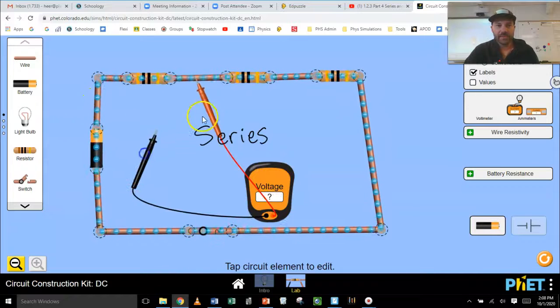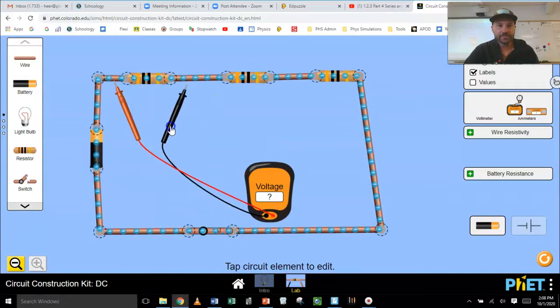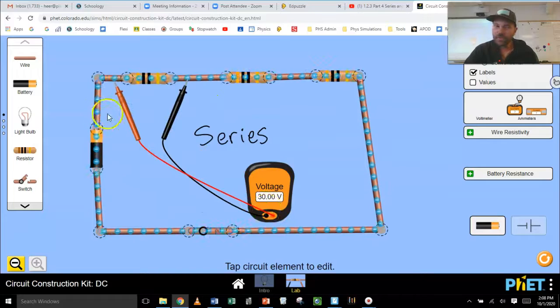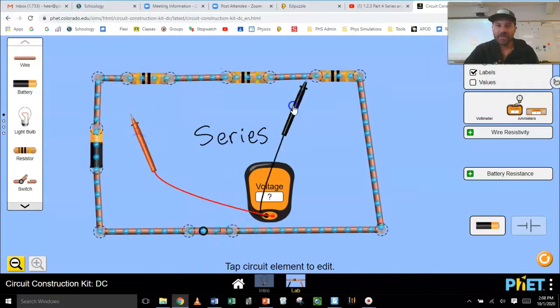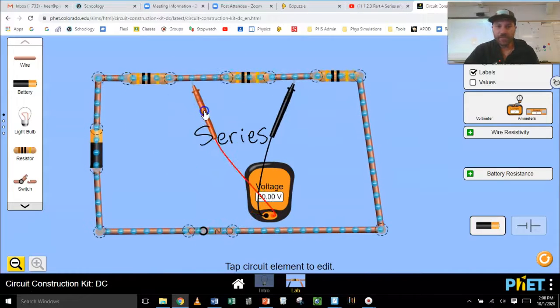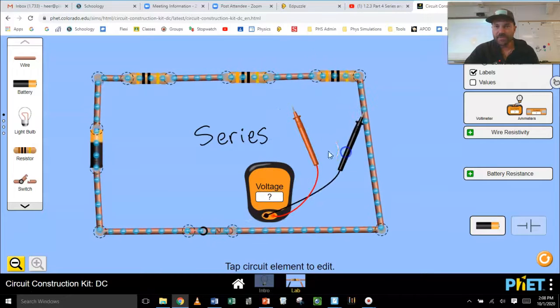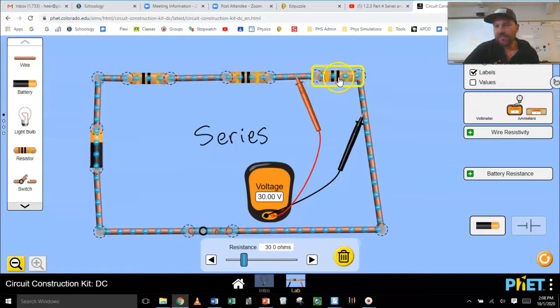I did it backwards, that's why it's negative. When I go across this one, it's also 30 volts, and across this one, it's also 30 volts. So this is splitting the voltage. There's an equal amount of pressure here, here, and here. The pressure gets divided between them.